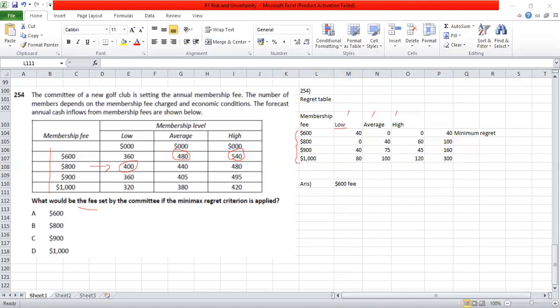Then 256 is an addition, 257. 257 is a similar question which we have done in the beginning. 258 is expected value. 60. Okay.